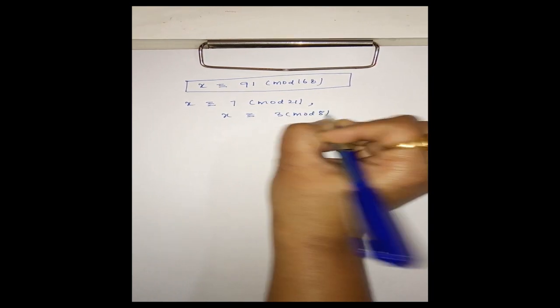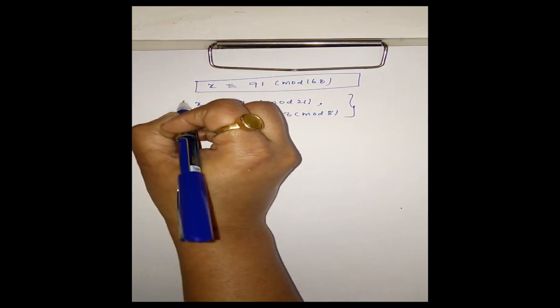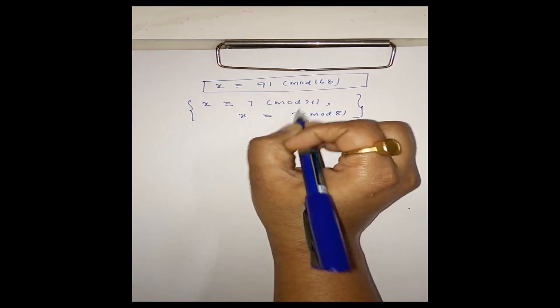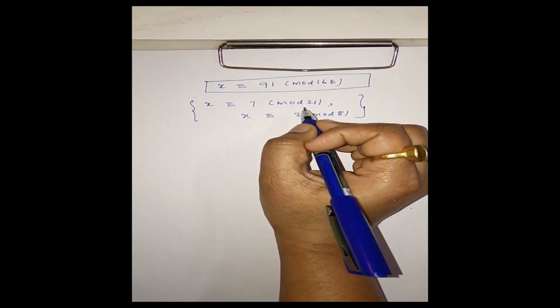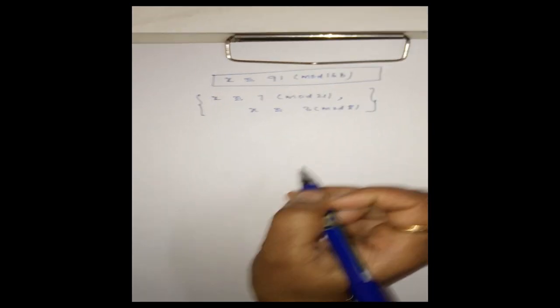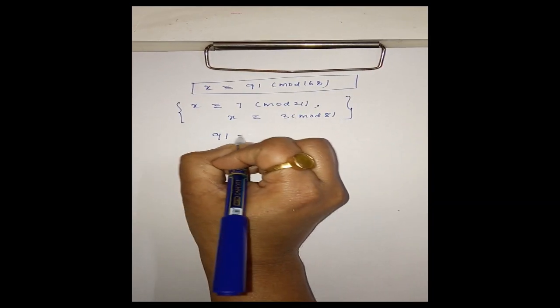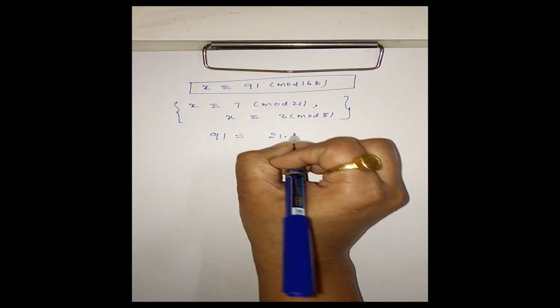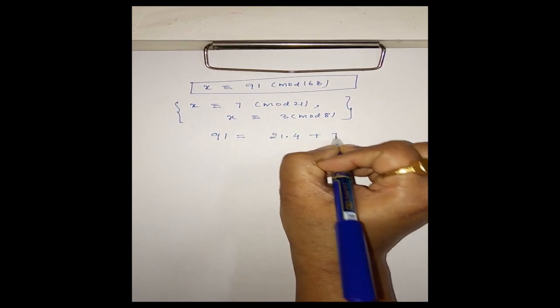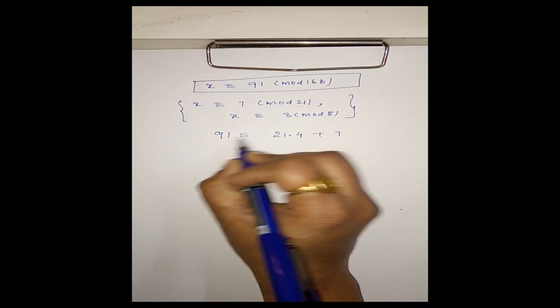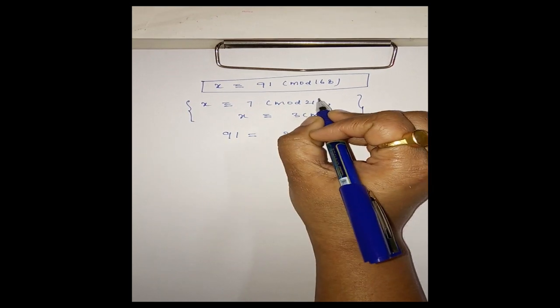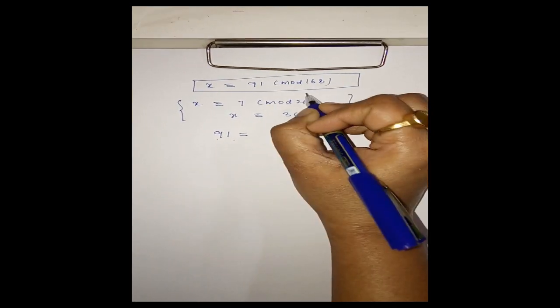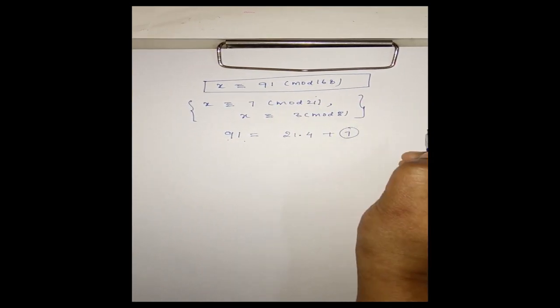Let us first check whether we are getting the same remainder 7 and 3 on dividing by 21 and 8. Okay, now 91 is 21 into 4 plus 7. That means on dividing 91 by 21, 7 is the remainder.